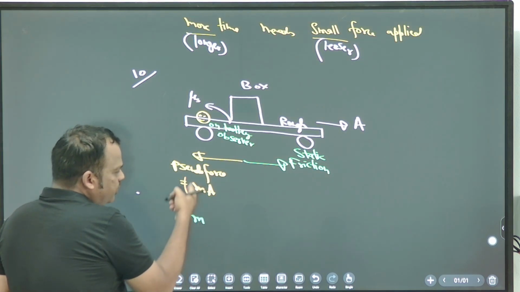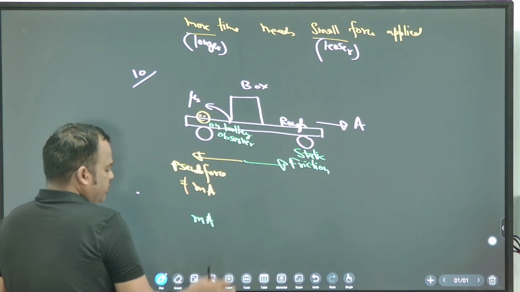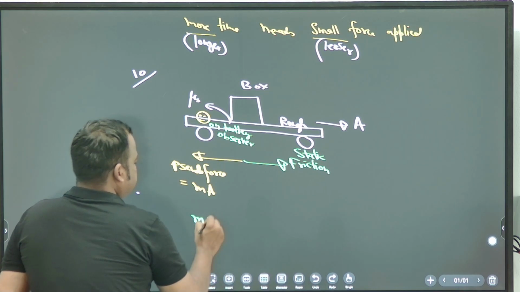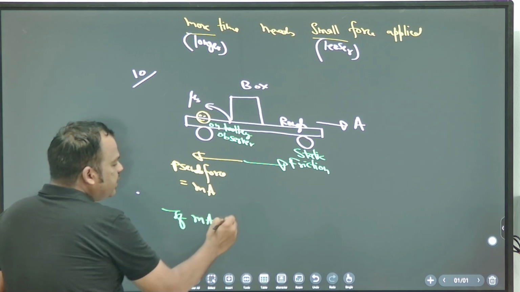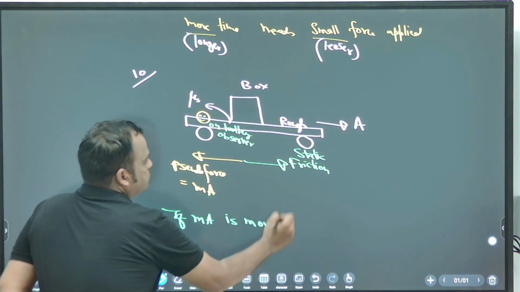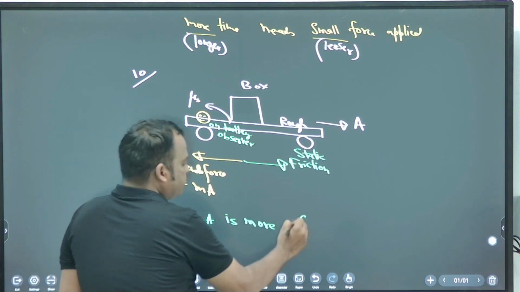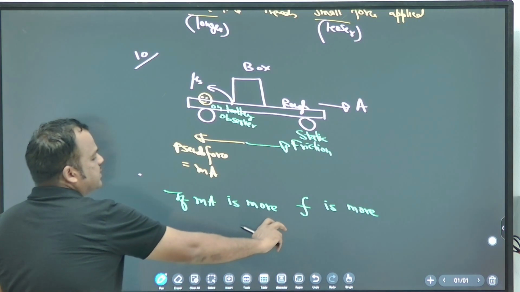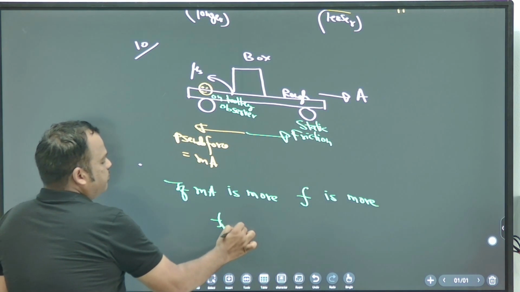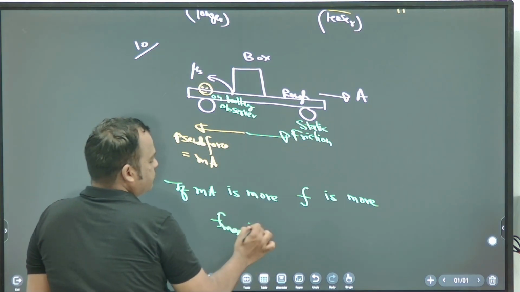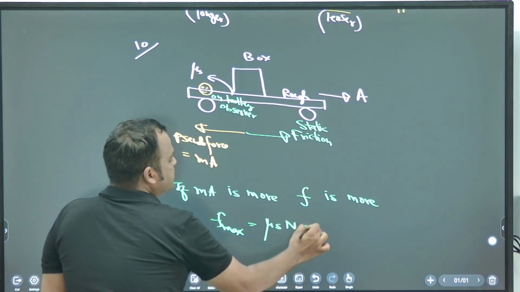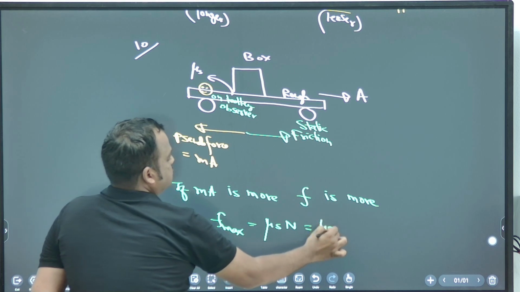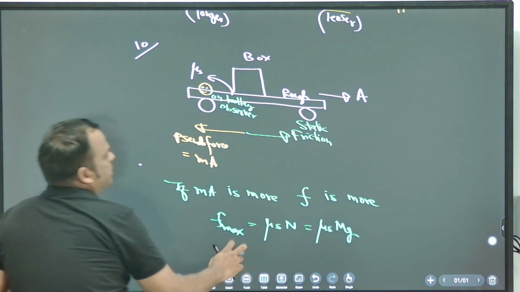So you can note down: if Ma is more, static friction is also more, but F has a limit. Tell me, what is the value of maximum friction? Mu s N, and what is N here? Mg. Mu s mg. Okay, clear?